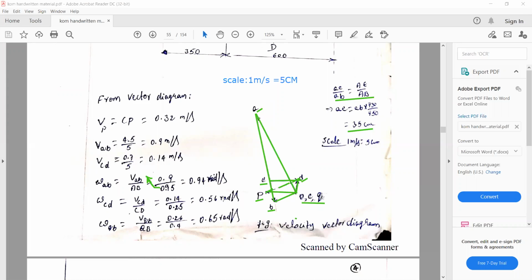When you have completed the velocity vector diagram, you have to identify those velocities, that is, VP equals vector CP. Just take the scale, measure the length of CP and place it.